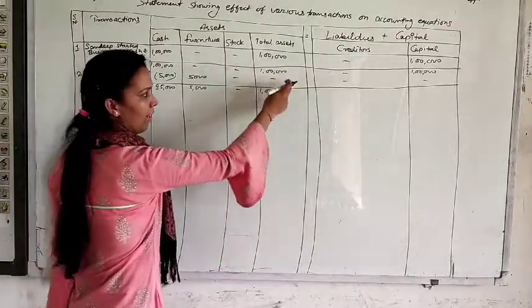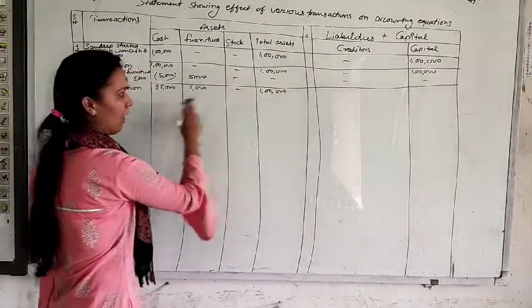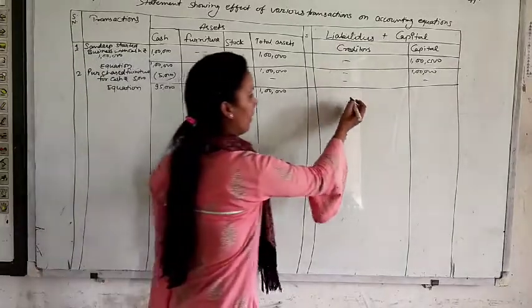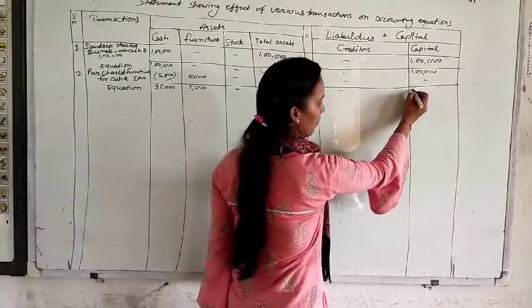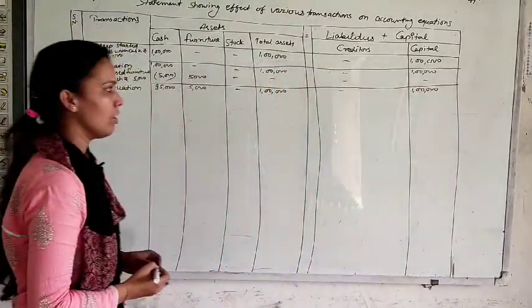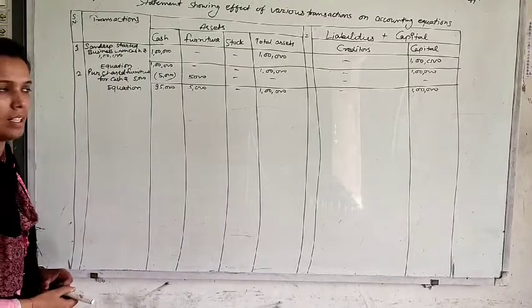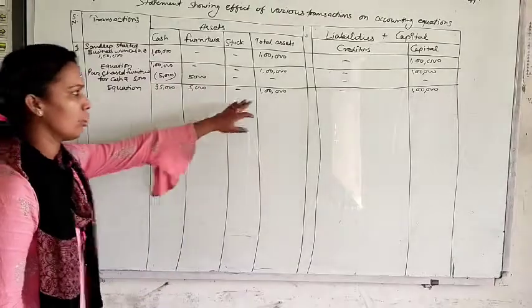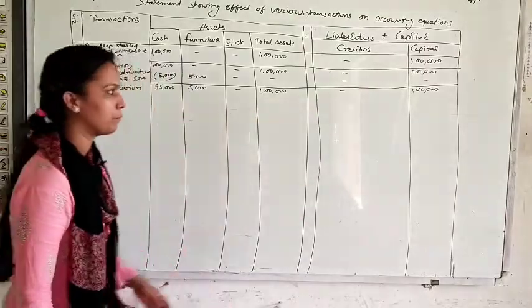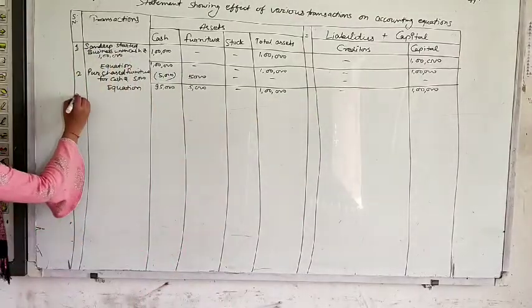Like here 1 lakh, no amount, then 1 lakh, and horizontally 95 plus 5, 1 lakh. No amount for creditors and capital will also be 1 lakh. Again match the equation. Assets is equal to liabilities plus capital. Assets you have 1 lakh, liabilities plus capital is also 1 lakh. Let's move on to the third transaction.